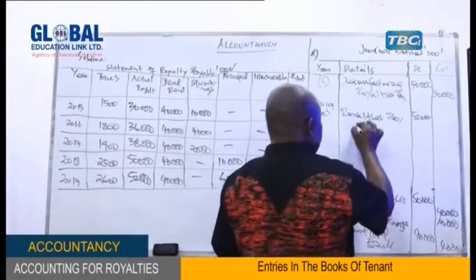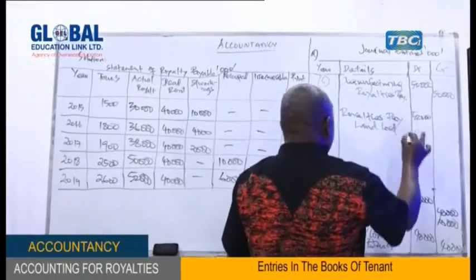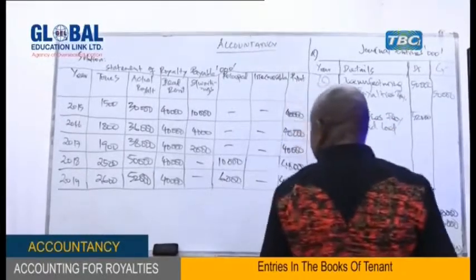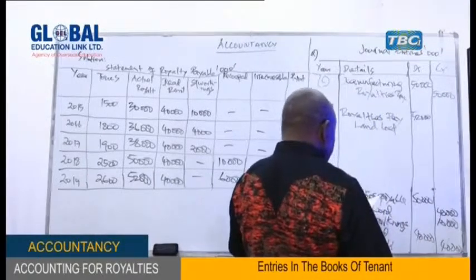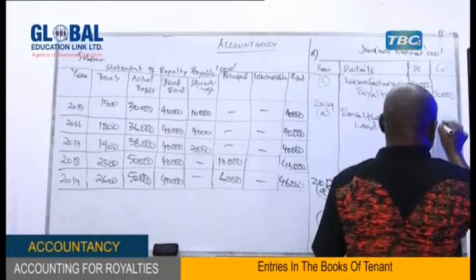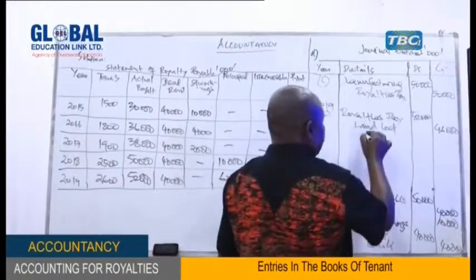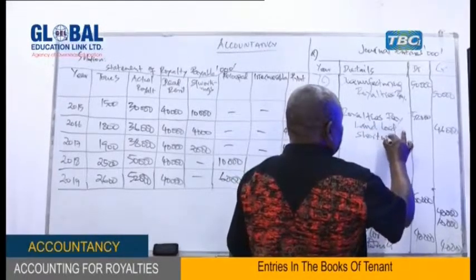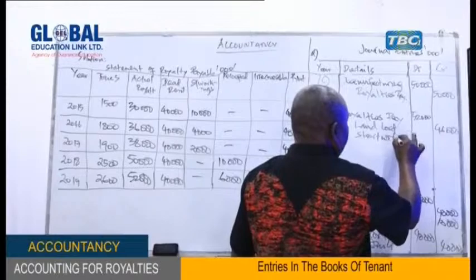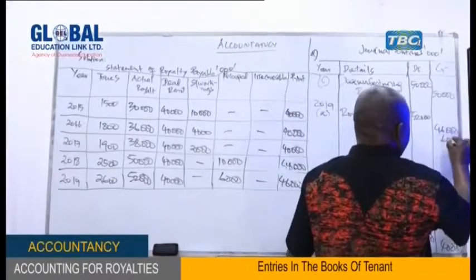We credit landlord 46, and we credit short working 6,000.